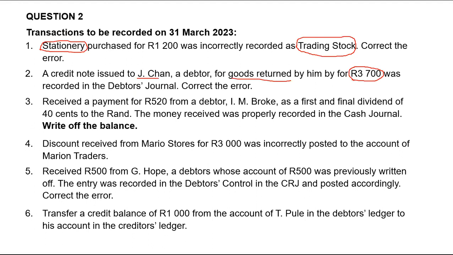You will notice that 520 is what was received. This is what was received, and it is the final dividend that was received. Basically, that 520 is the 40%. Okay, so it is the 40%.